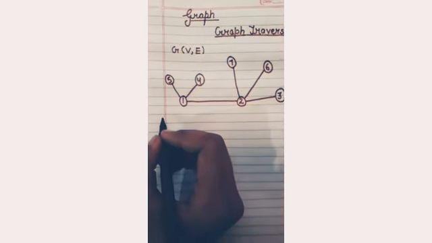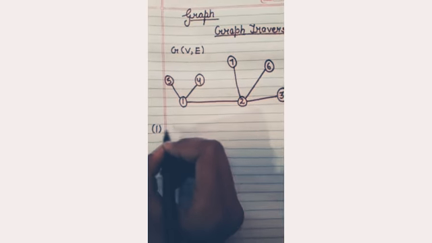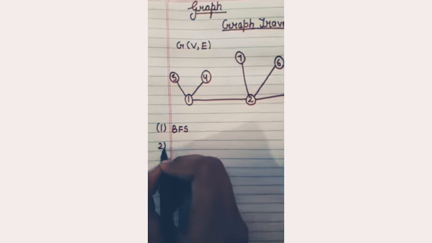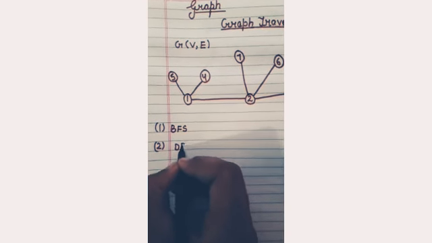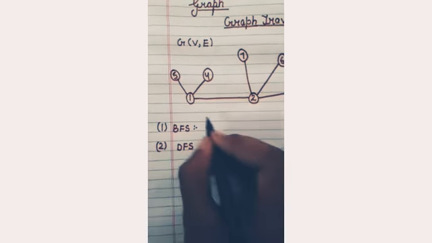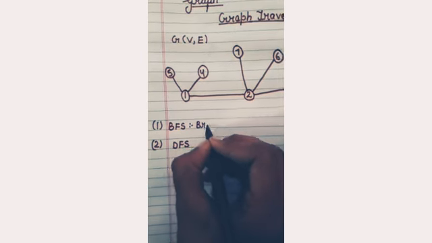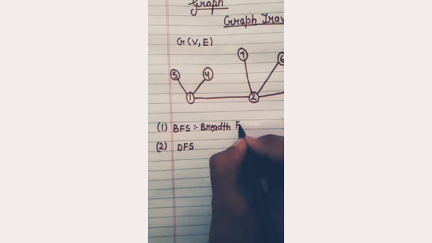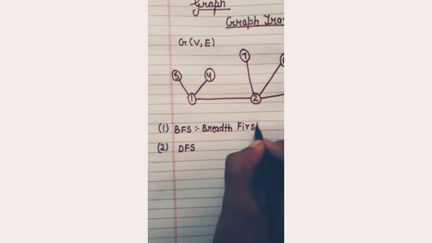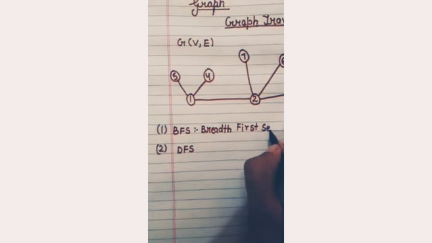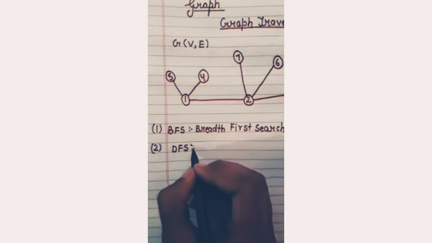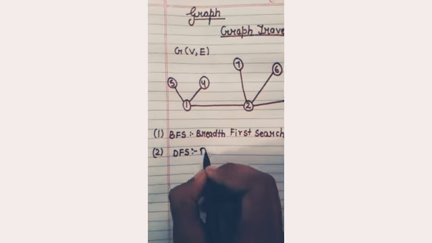So graph traversal is of two types, BFS and DFS. BFS stands for breadth first search, and DFS stands for depth first search.